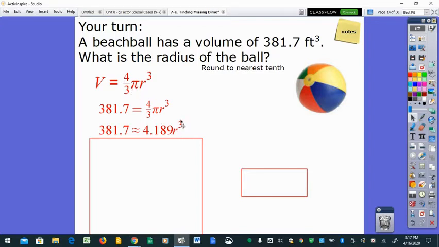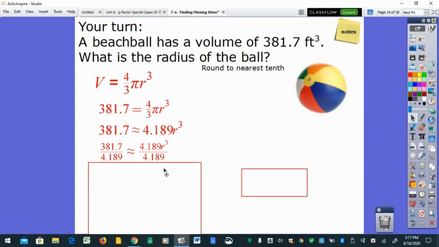Now I want to solve for r to the third, so the opposite of multiplying would be to divide both sides by that 4.189. I'm going to pick up my calculator. 381.7 divided by the 4.189 is about 91.12. And again, I'm not rounding to the tenth. I'm keeping 2-3 places so that I can keep some accuracy in here.